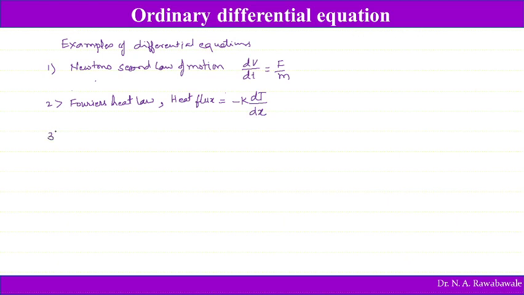Then Fick's law of diffusion, mass flux is equal to minus D dc by dx.